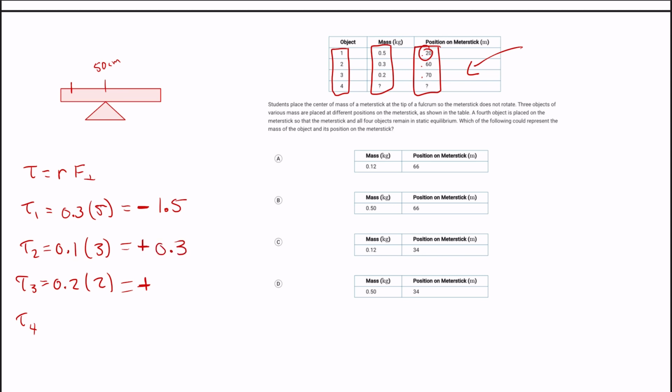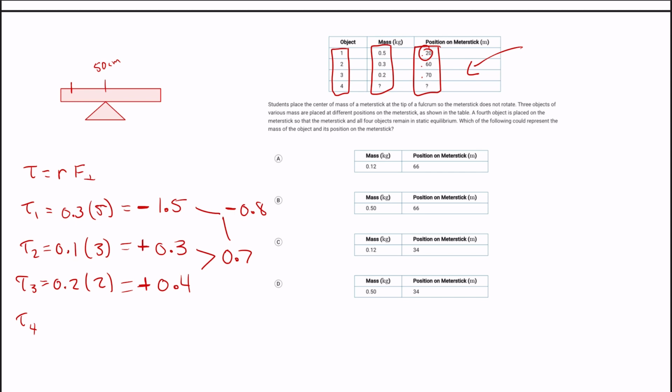And then 0.2 times 2, that should be 0.4. Great. Now, these two together make 0.7. And if I take 0.7 and combine it with negative 1.5, I just get negative still 0.8.